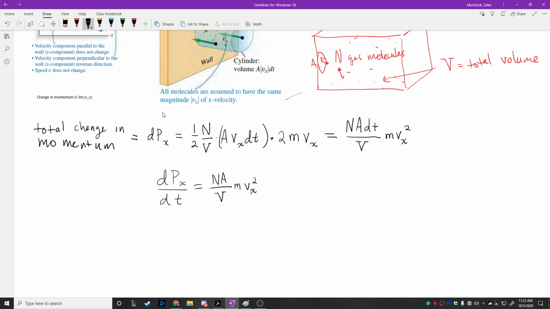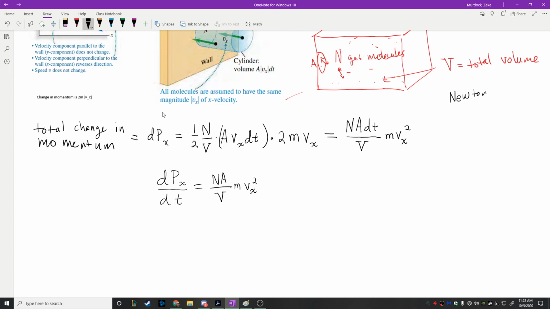This is the rate of change of momentum with respect to time. What does that represent? If I take the derivative of the momentum with respect to time, it's force. It's not acceleration, but it is force.